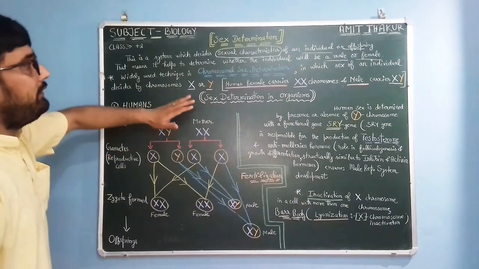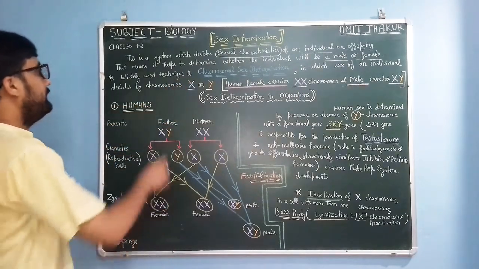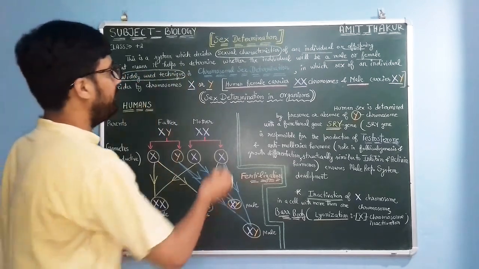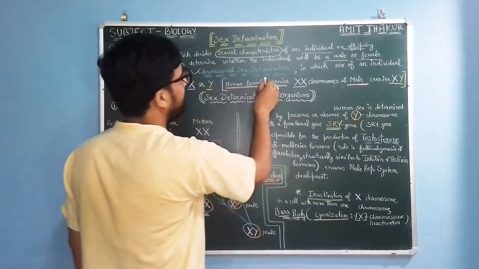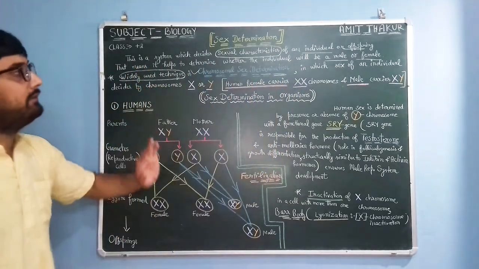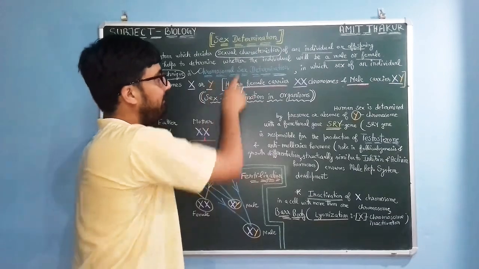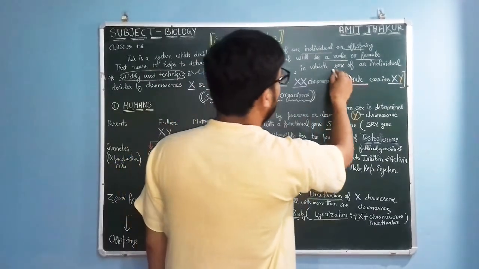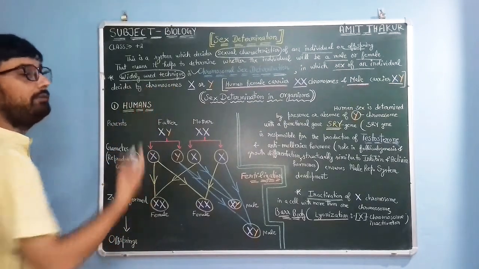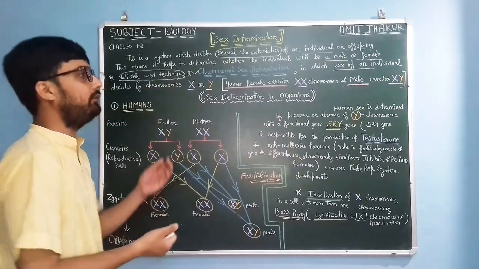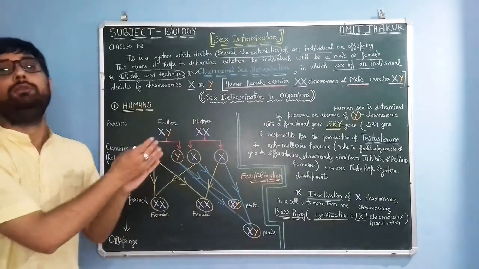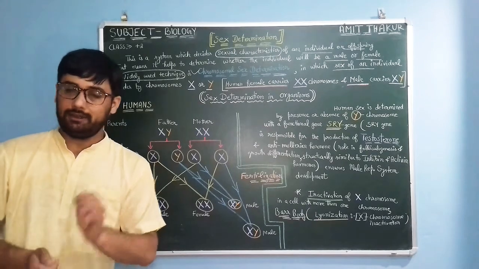To know about the sex of an individual, there is a widely used technique that is known as chromosomal sex determination. What is it? In chromosomal sex determination, the sex of an individual is decided by chromosomes. As you know, in human beings there are 46 chromosomes in a somatic cell.